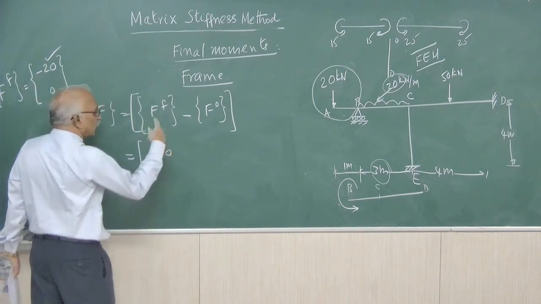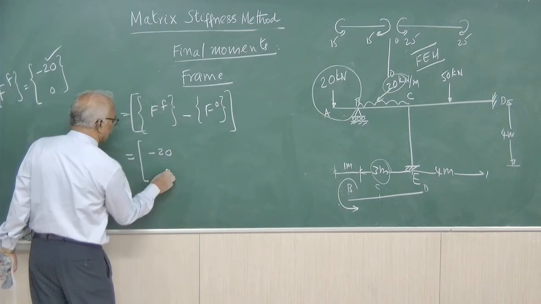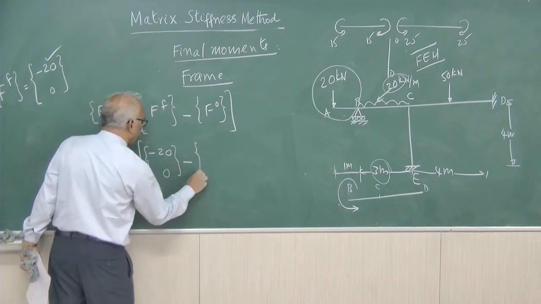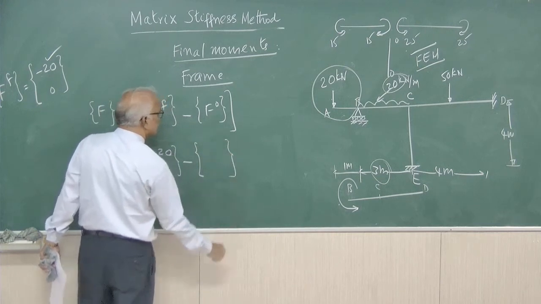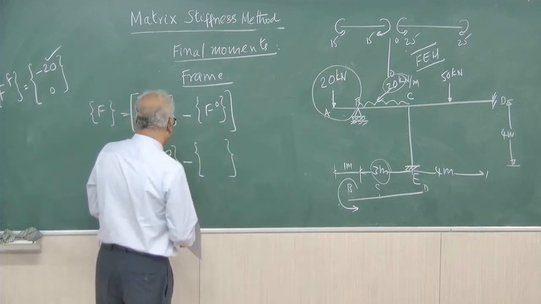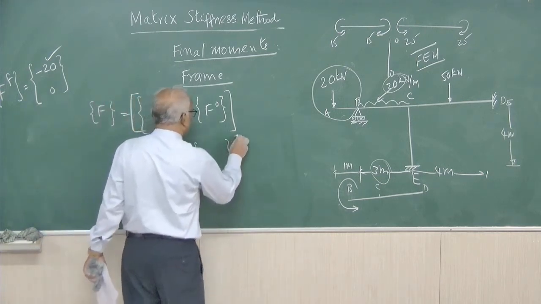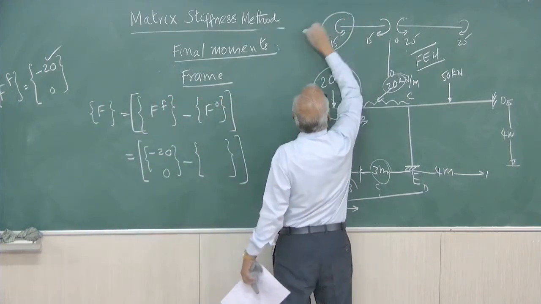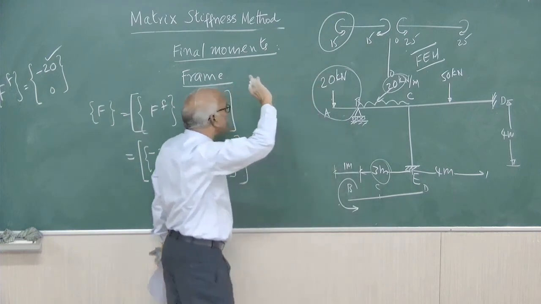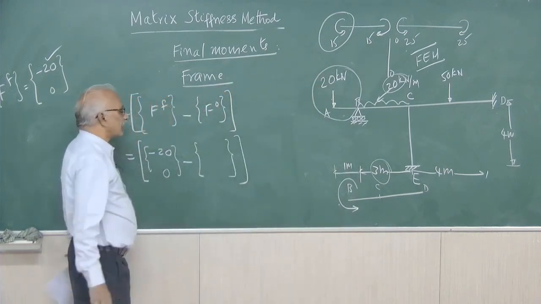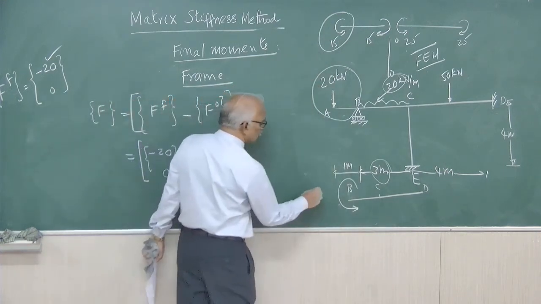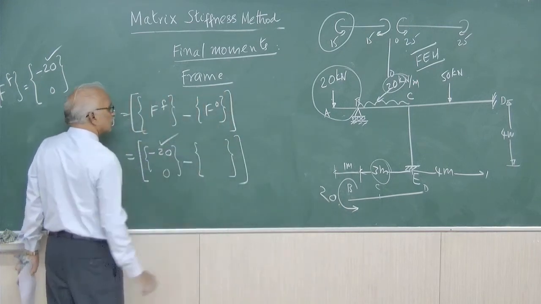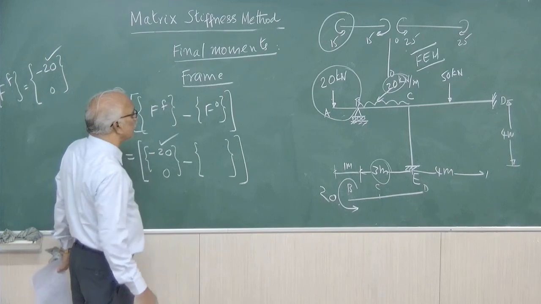At coordinate 2, that is at C, there is no external moment. So this is one value, minus the forces resulting from the external force, I mean fixed end moments. That is here at this point, the forces resulting from the given load is minus 15. That minus 20 you should not add here. Minus 20 has been accounted here. So that need not be once again accounted here.